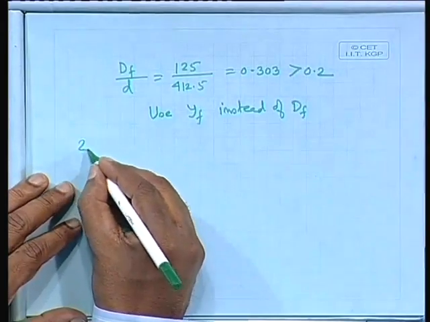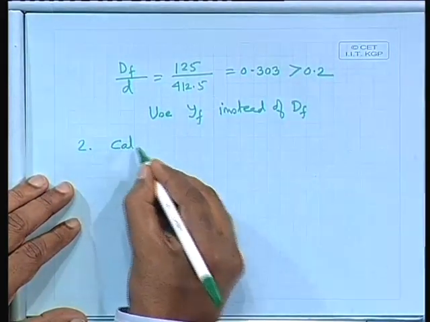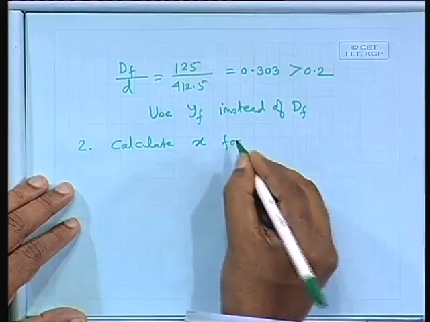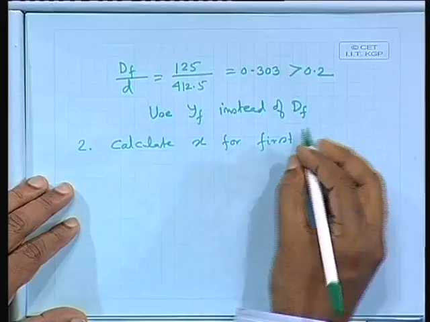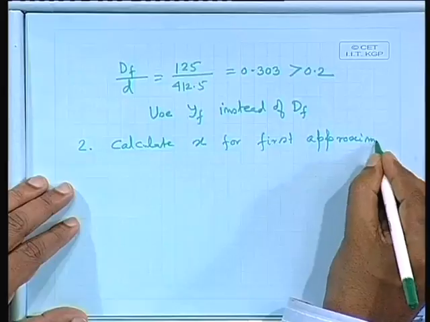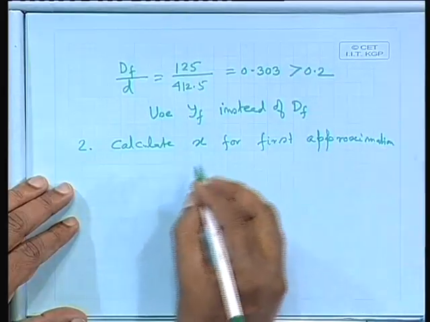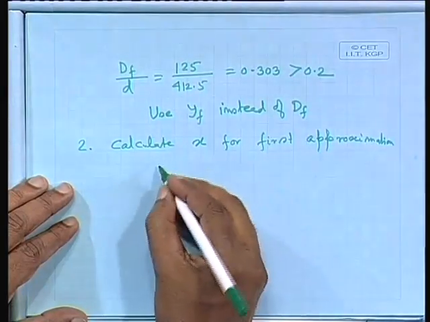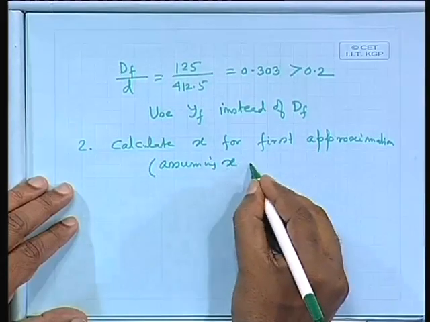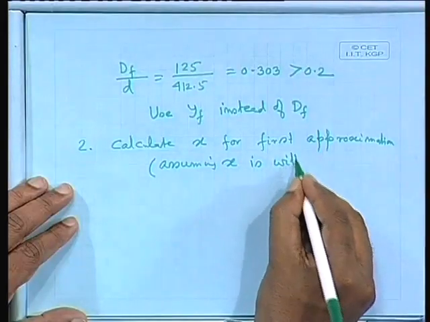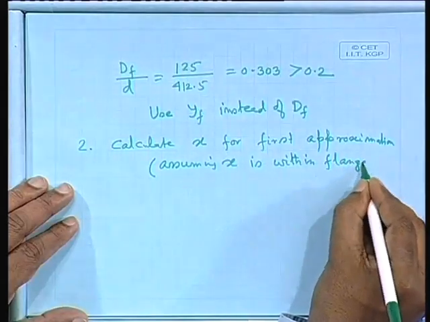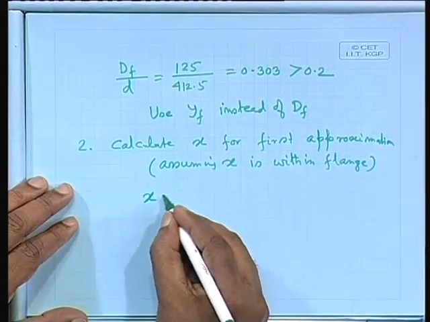So, we can say number 2, calculate X for first approximation. We can assume X is within flange, though we know it is not, but we can get the X value using the same formula.